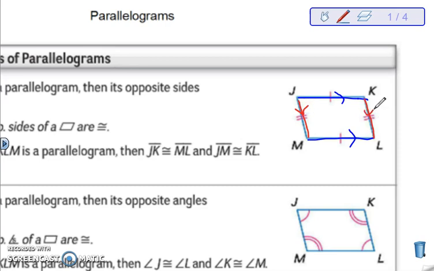So this first table is basically going to take us through some properties that come from that fact, right? So in order for both sides to be parallel to the opposite side, the opposite sides must also be the same length. So not only are the opposite sides parallel, they are also congruent.